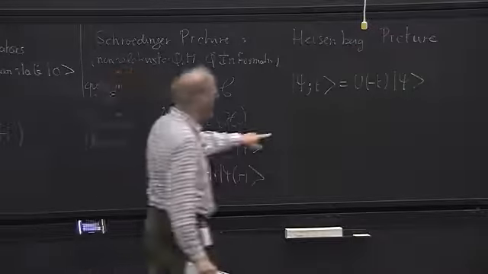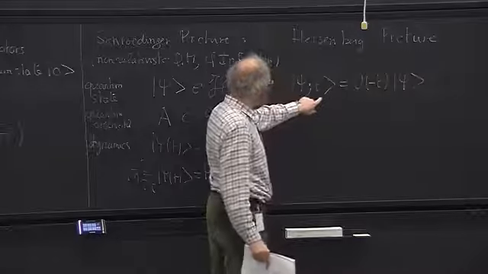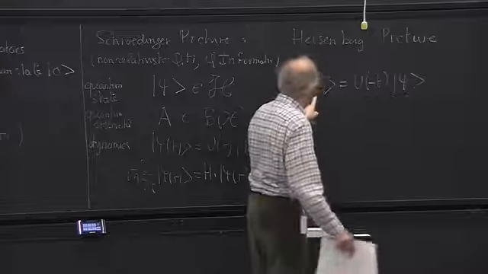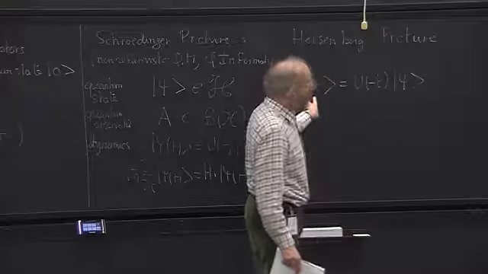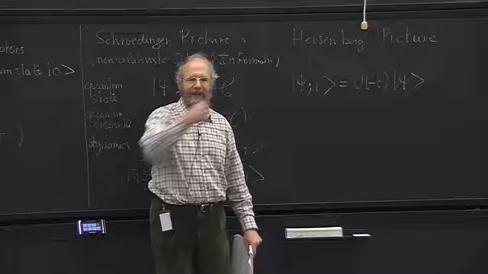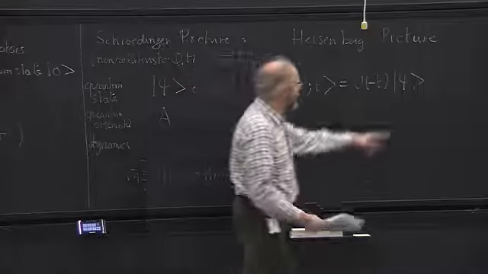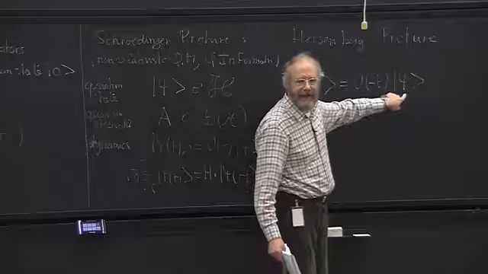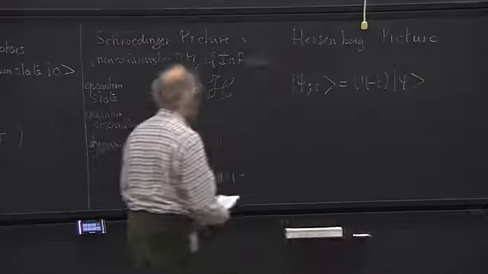So this notation means simply that ψ(t) is a quantum state different from ψ. It's a quantum state such that if you go backward in time evolution, at time 0, it's the state ψ. Okay?